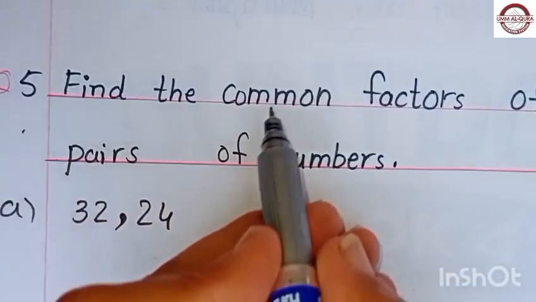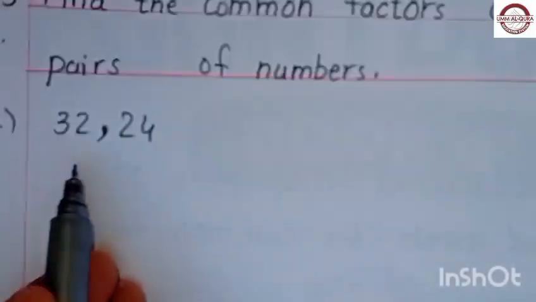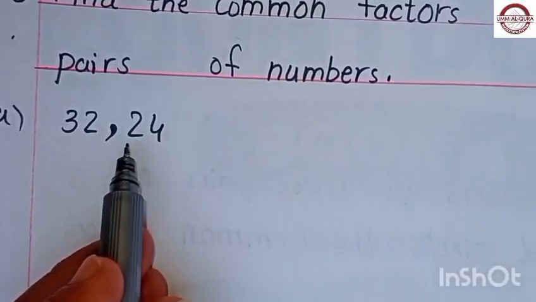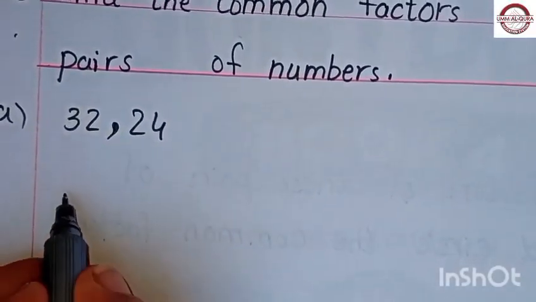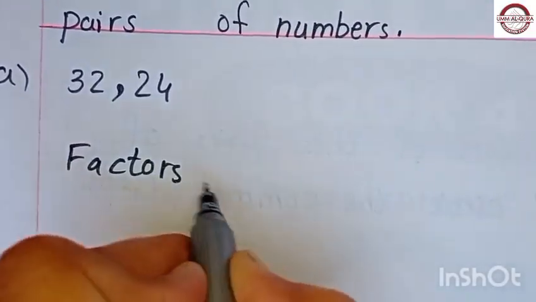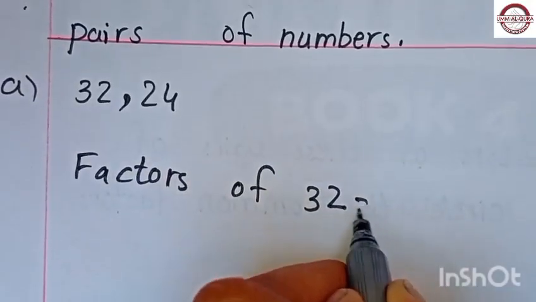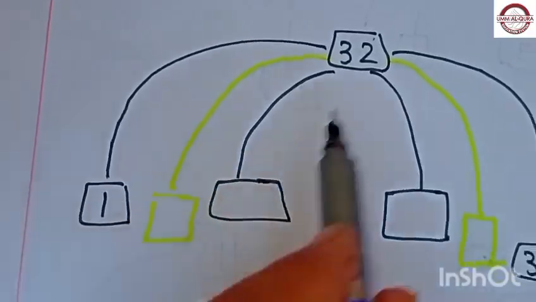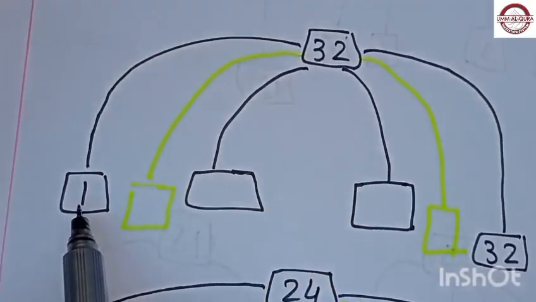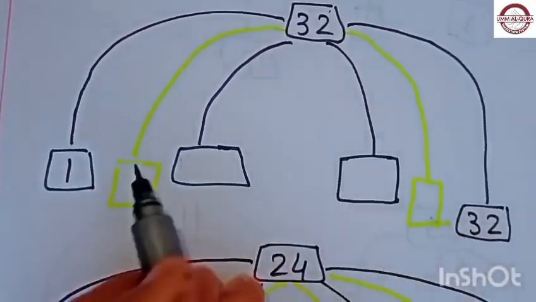Now question number 5. Find the common factors of the following pairs of numbers. In A part we have values 32 and 24. Here, factors of 32. 1 is a factor of every number, 1 and 32.